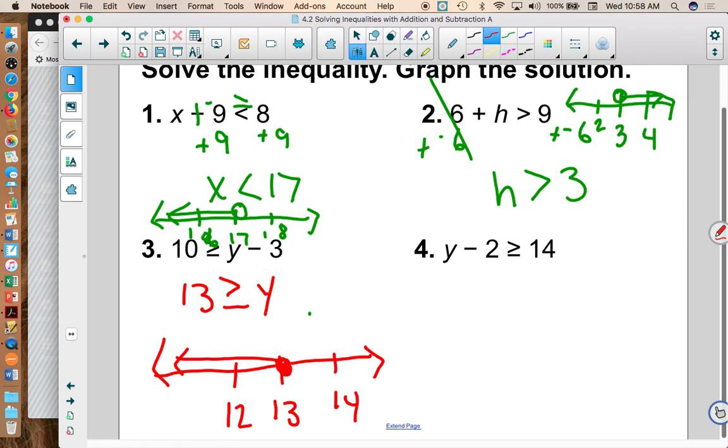But if the variable is sitting on the right side, you have to do the opposite on the arrow. I was thinking the alligator, the way the alligator mouth opens. That's what we were always taught.